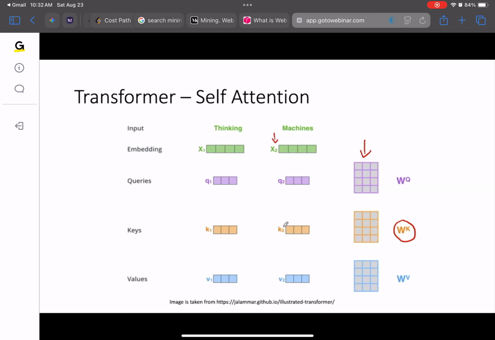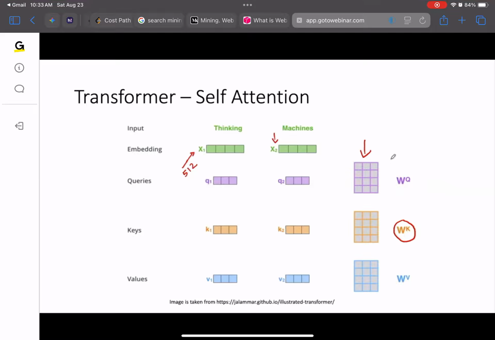Apart from acting as a mechanism through which a linear transformation can be carried out, we can also reduce the dimension. Let's say x1 is of dimension 512.